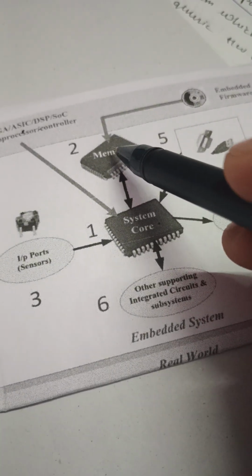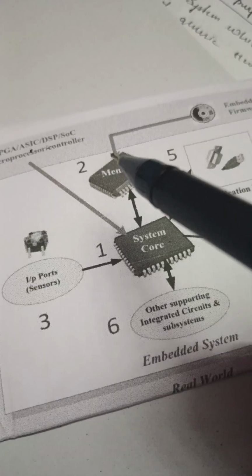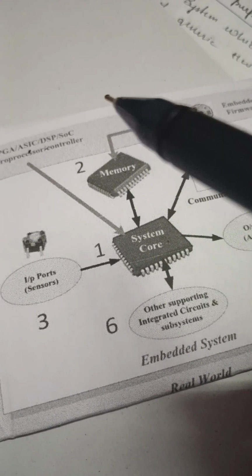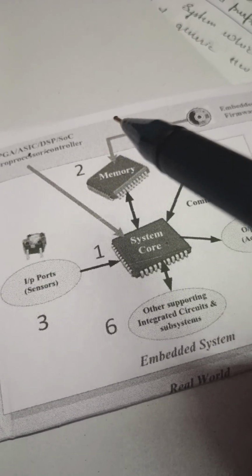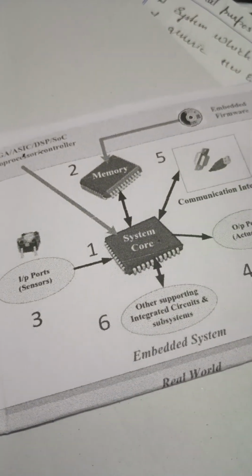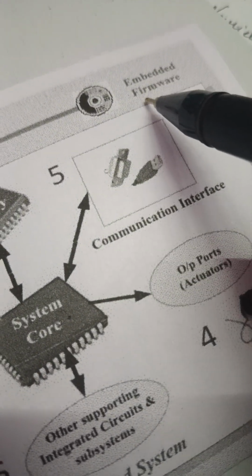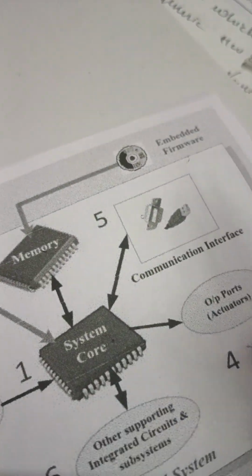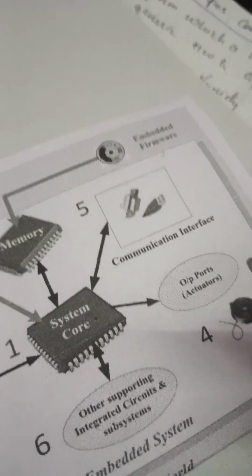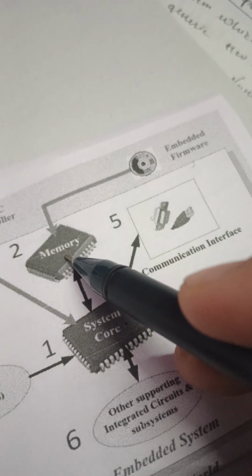Then we have memory. Memory is to store the code or the algorithm of the specific task that the embedded system should perform. We basically store something called embedded firmware. Here we can see we have embedded firmware. So what is embedded firmware? Embedded firmware is basically the software or the code stored in the memory.